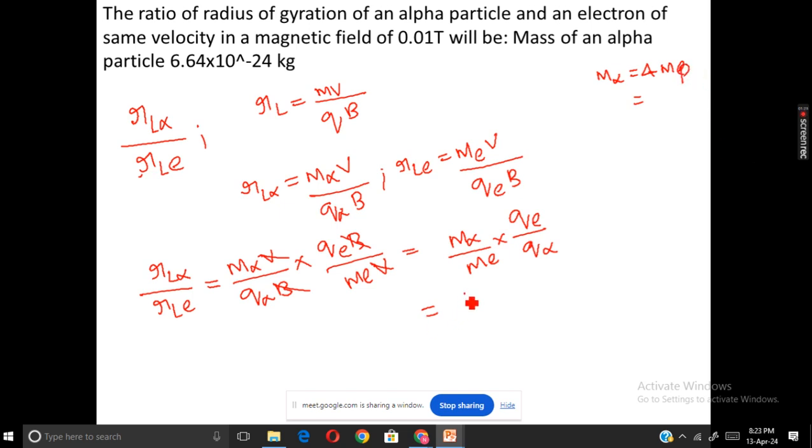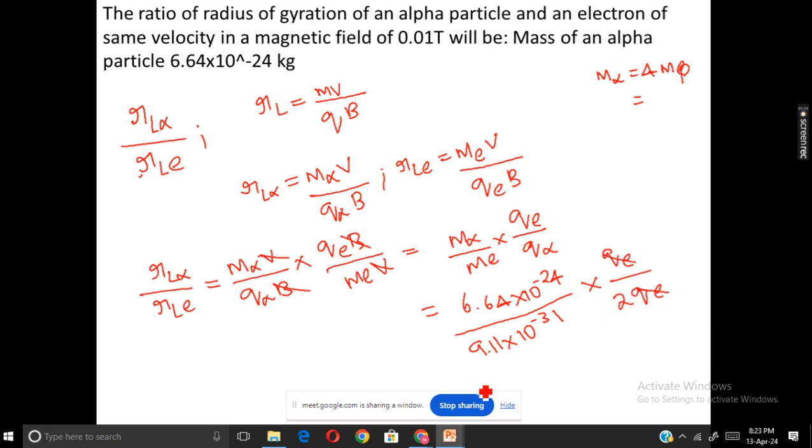So M of alpha is given, which is 6.64 into 10 raised to minus 24, by mass of electron we know it is 9.11 into 10 raised to minus 31, into charge of electron. The Q alpha is basically 2 into QE, 2 times the charge of an electron is the charge of an alpha particle.